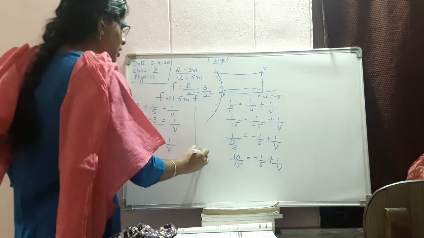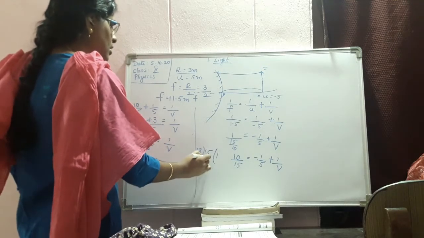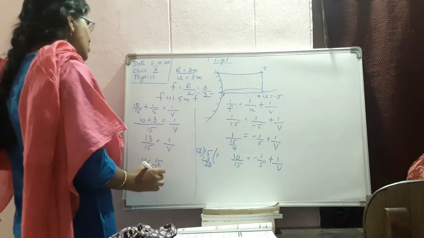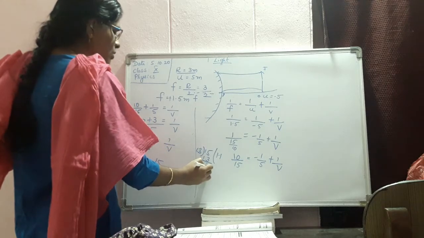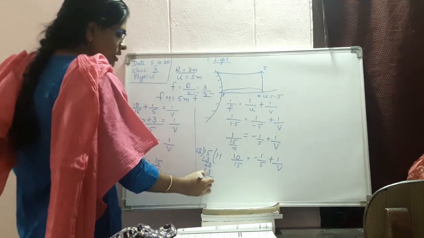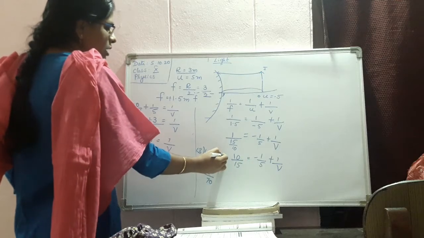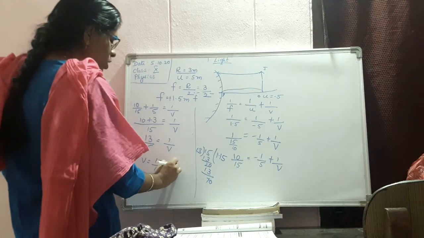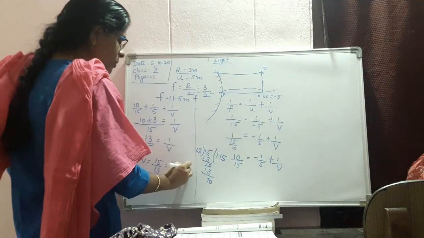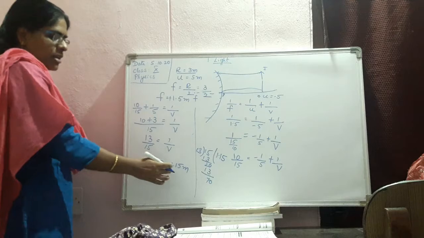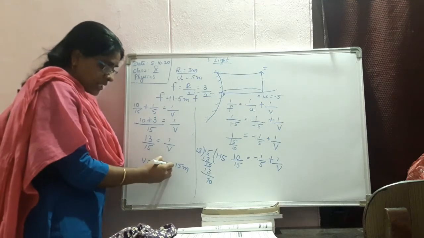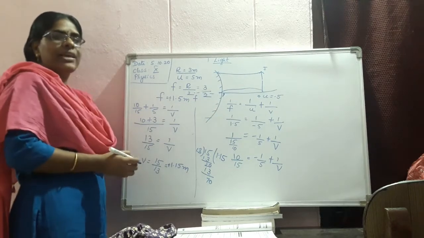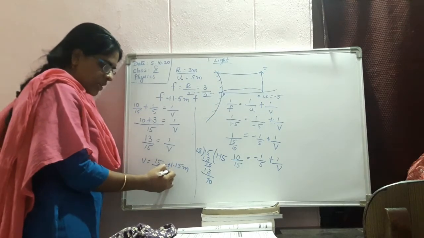Divide: 13 ones are 13, 15 minus 13 is 2, 0. 13 twos are 26, 13 ones are again 10 minus 3, 7, 70. 13 fives are 65. Hence you will get 1.15 meters. See here children, the value you are getting is positive. Positive always indicates the images are virtual images.